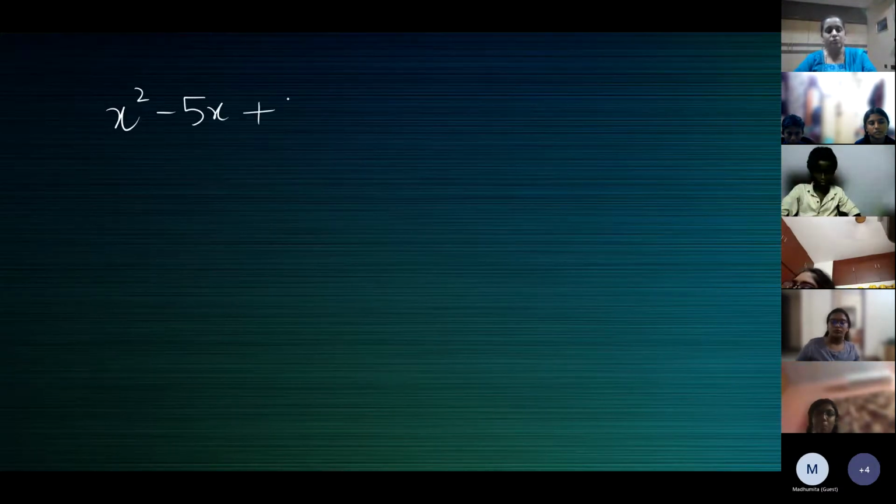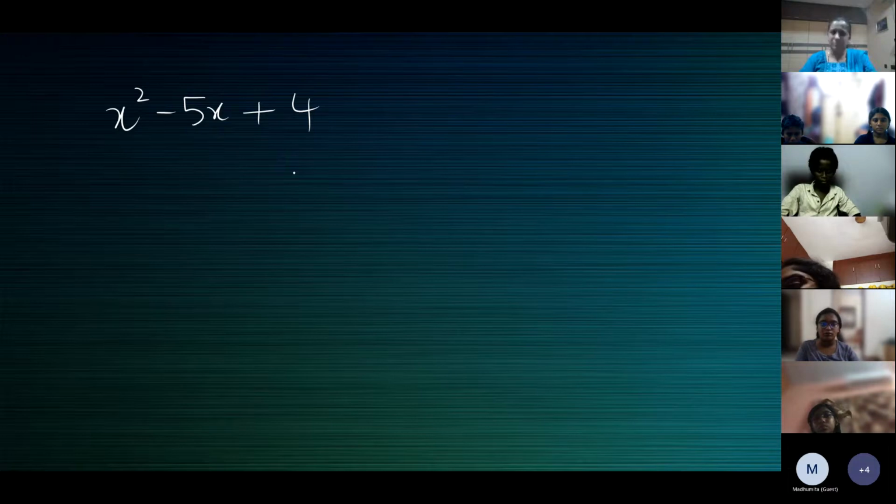Thank you. So now supposing I say x squared minus 5x plus 4. This again is a quadratic polynomial. Now to find its zeros, we know theoretically that a quadratic polynomial can have at most two zeros.